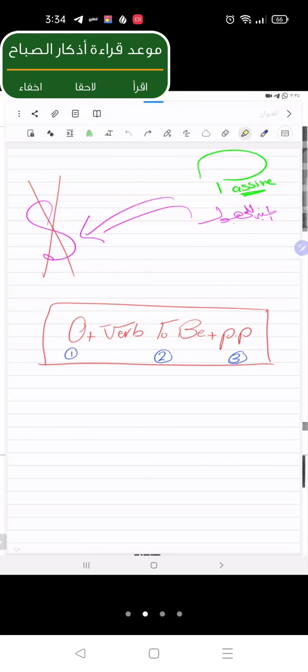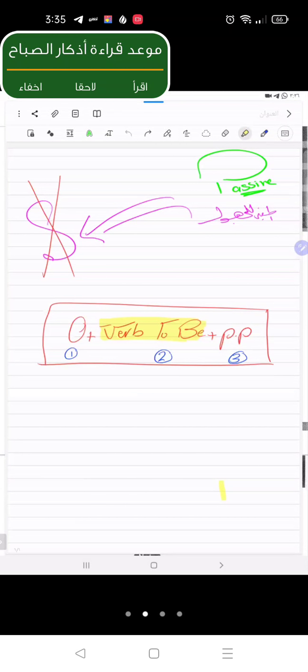Look at the verb to be. The shape of the verb to be tells us which tense we are talking about. Let me say it again. To make a sentence in the passive, we must have three parts: object plus verb to be plus the PP.